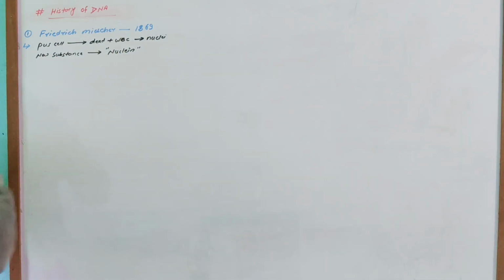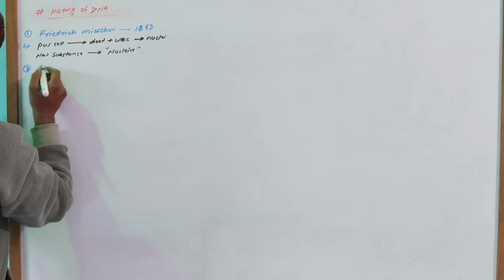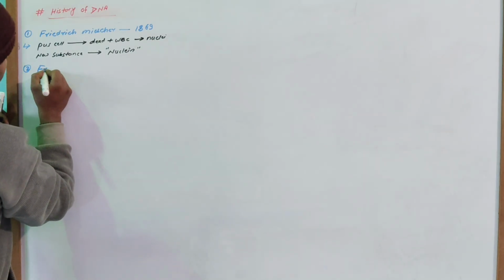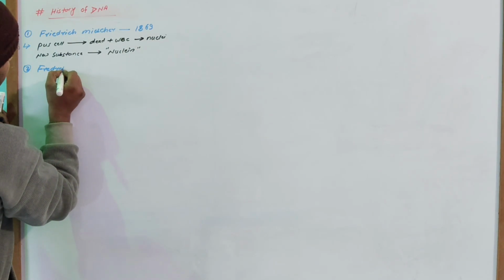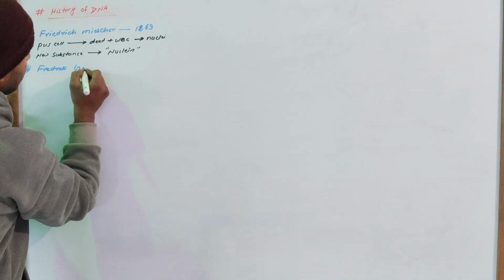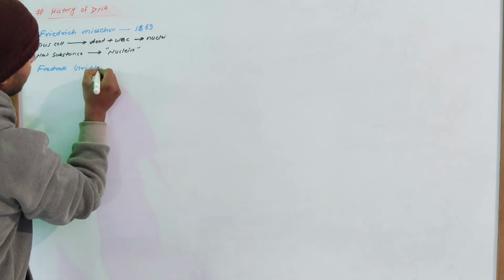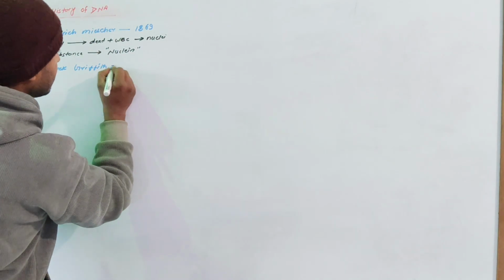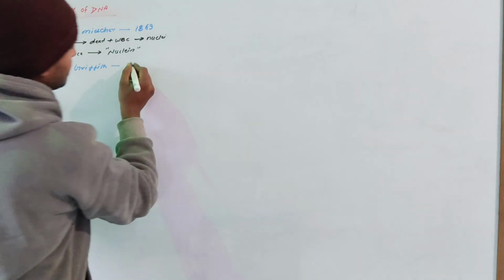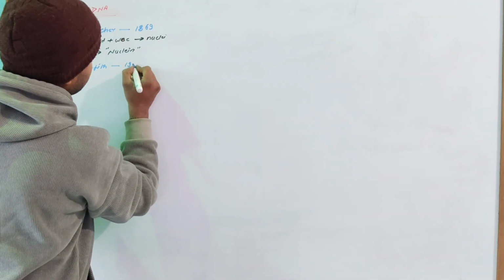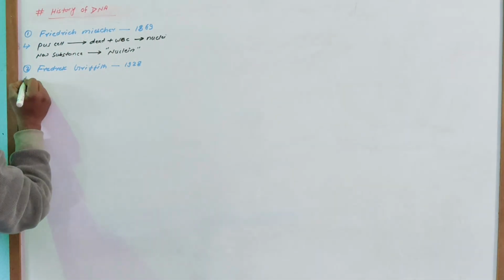The second scientist was Frederick Griffith, who did an experiment in 1928.